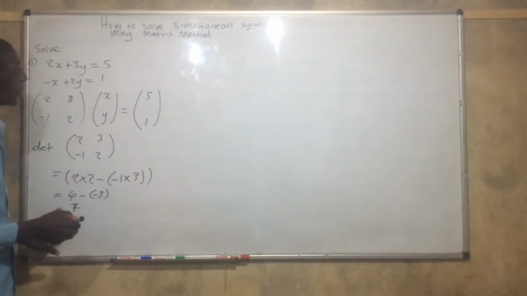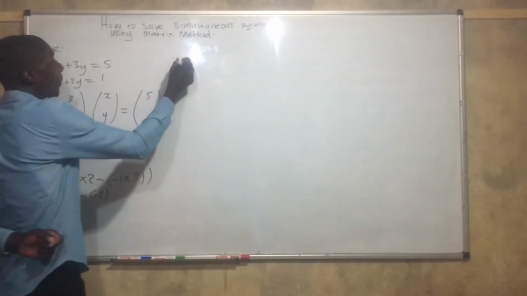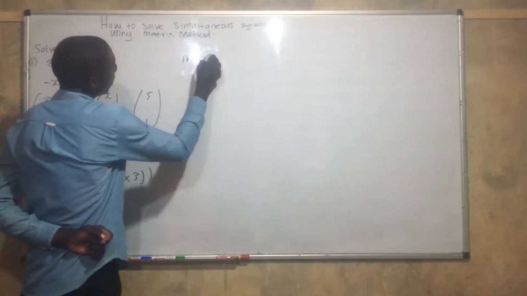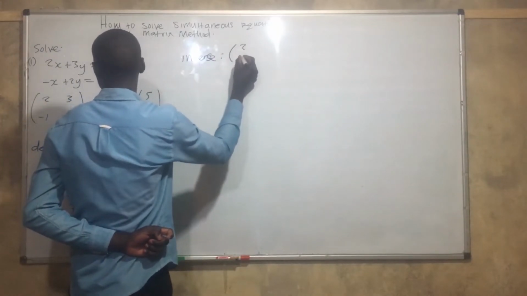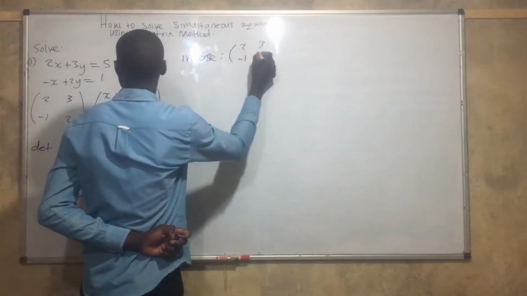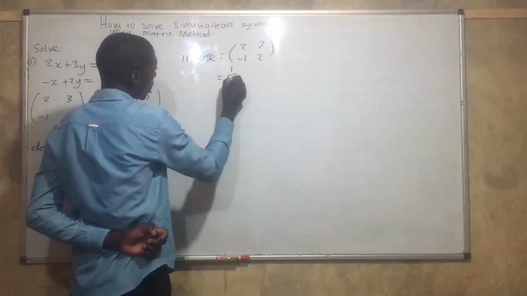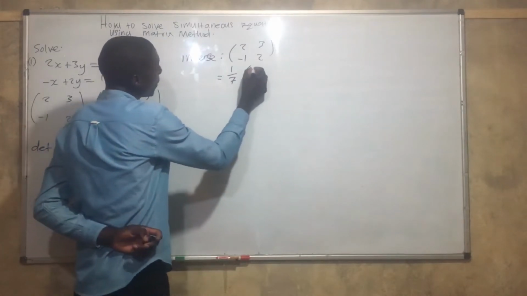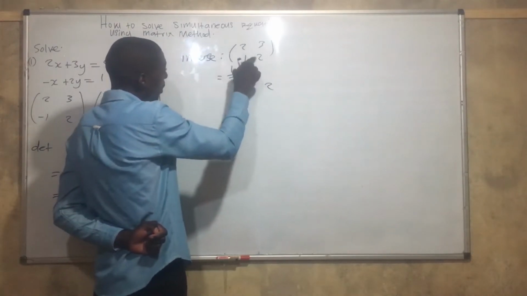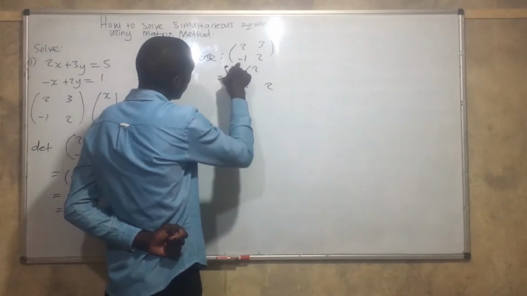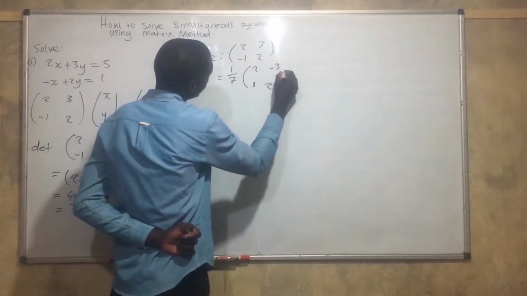Now since we have found the determinant, we are going to find the inverse. The inverse of the matrix 2, negative 1, 3, 2 will be 1 over 7 multiplied by the matrix where we swap the numbers in the major diagonal, 2 and 2, and in the minor diagonal we multiply by negative, which gives us positive 1, then negative 3.